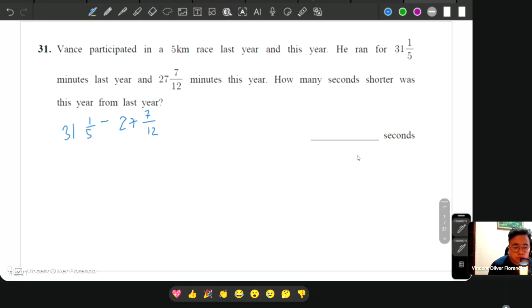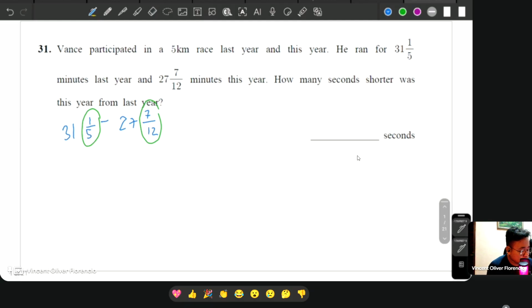This one is quite easy, right? However, if we match them, we're going to have a problem later on, because 1/5 is smaller than 7/12. So what we do is we let the 1/5 borrow 1 from 31.